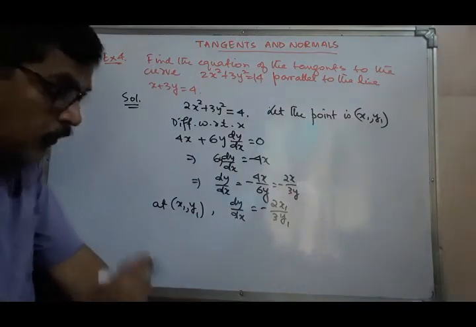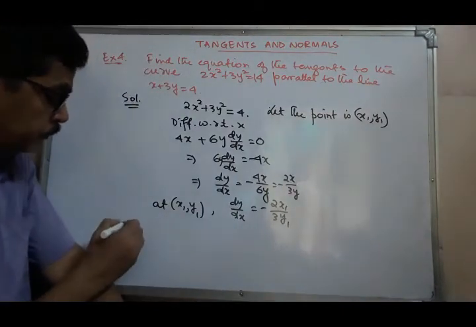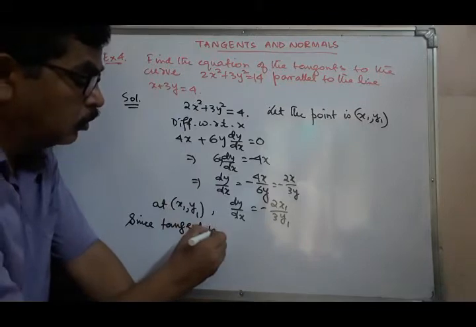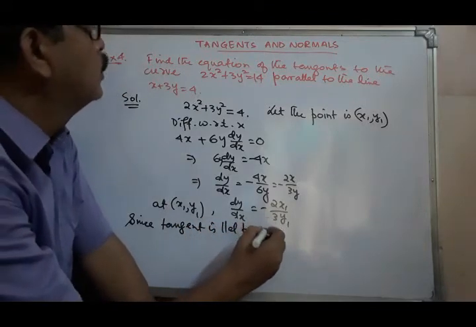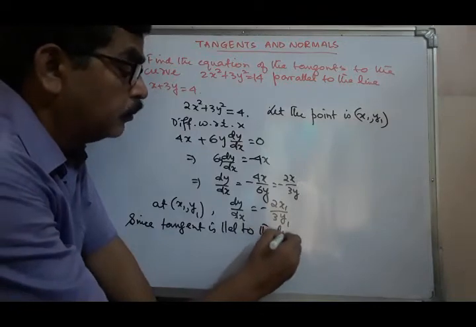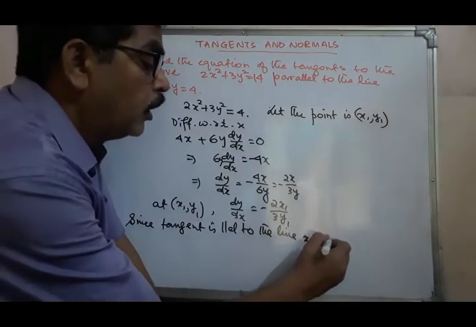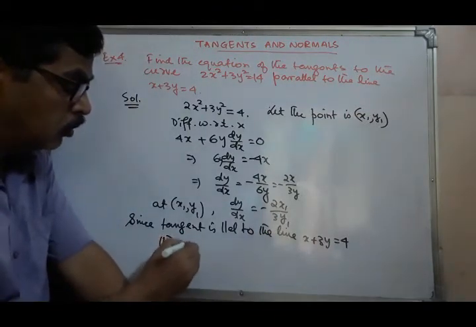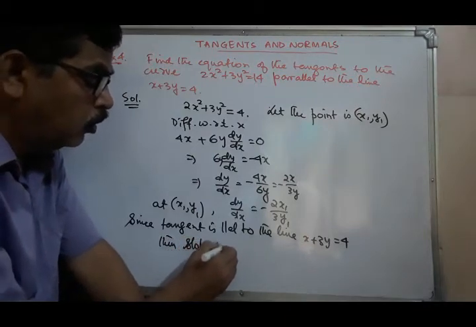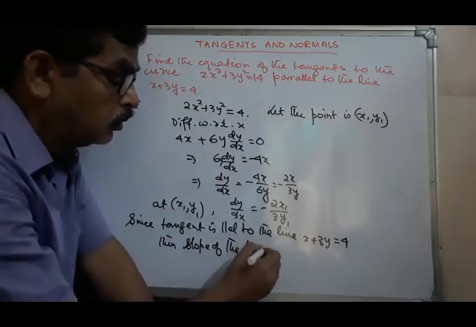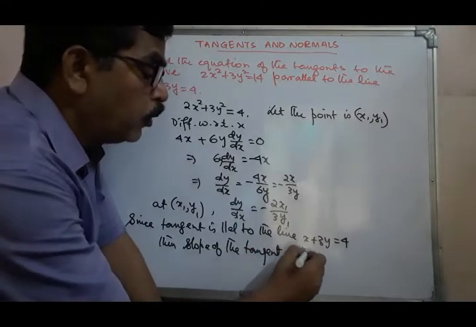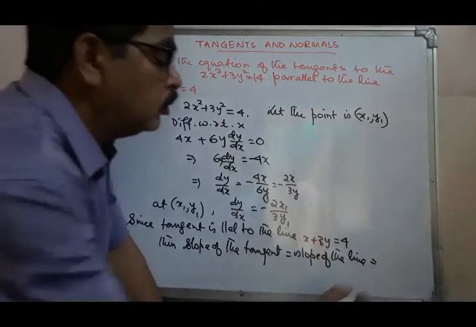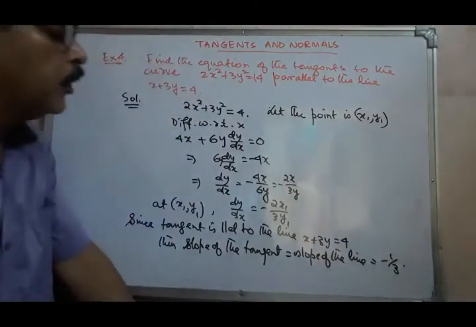Further, tangent is parallel to the line x plus 3y equal to 4. Then slope of the tangent equal to slope of the line equal to minus 1 by 3.